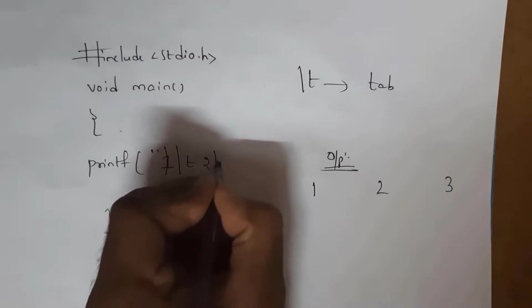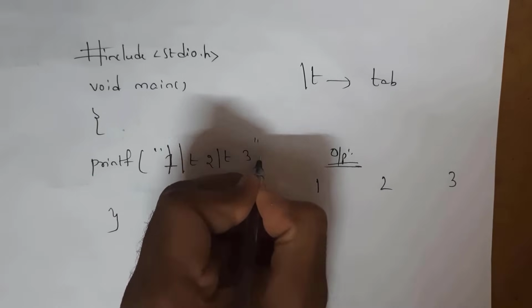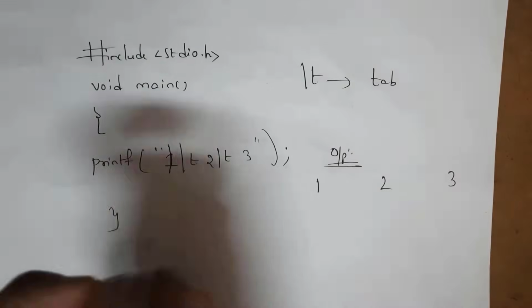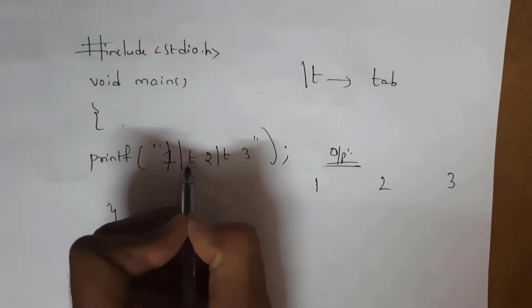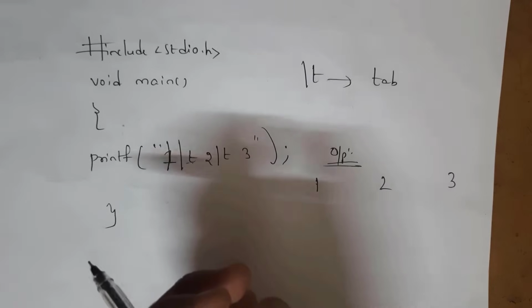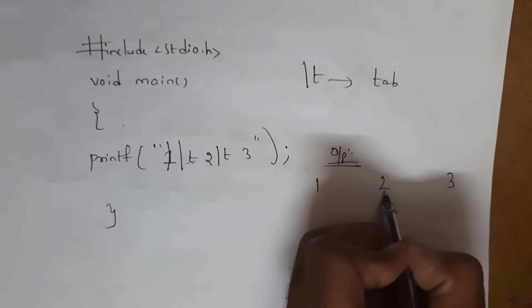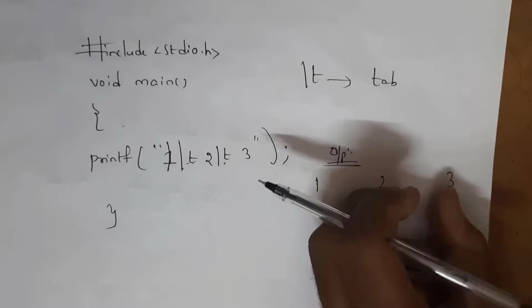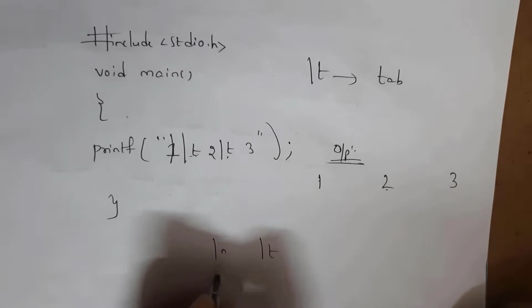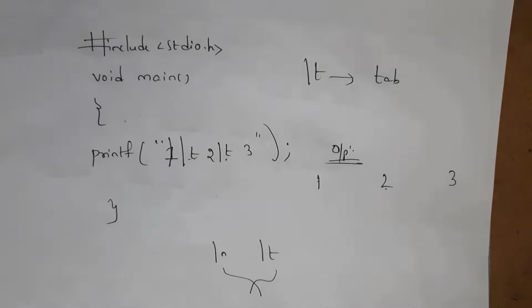Similarly 2 \t 3. Close double quotations, close bracket and give semicolon. Whenever you execute this program, you will get output as 1, \t means tab, and that much space you get here. After that 2 \t 3. This is my output, where \n and \t are the two common escape sequences that we use.